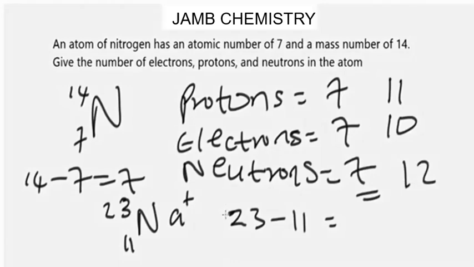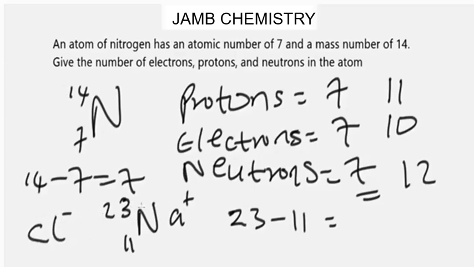A plus sign, or a positively charged atom, means that the atom is giving out electrons, whereas a negatively charged atom shows that the atom is receiving electrons. For instance, let's use a negatively charged atom now, a typical example being the chlorine ion.